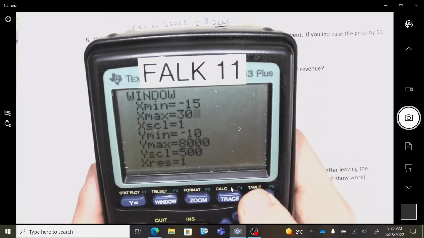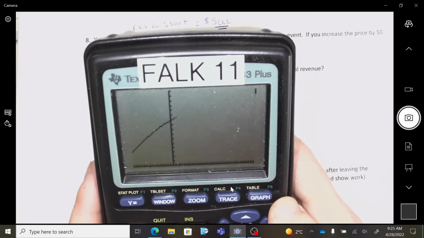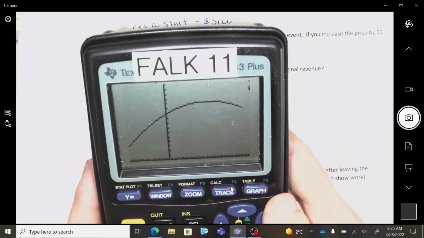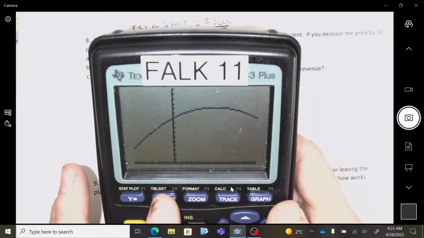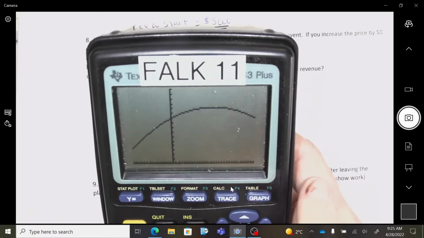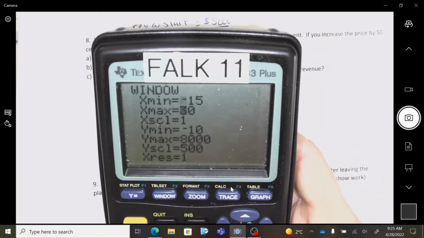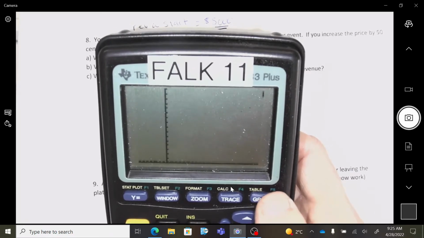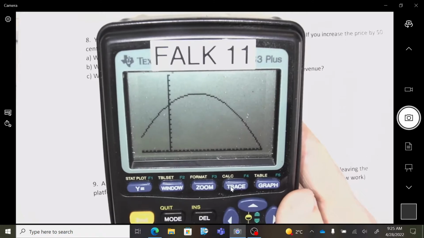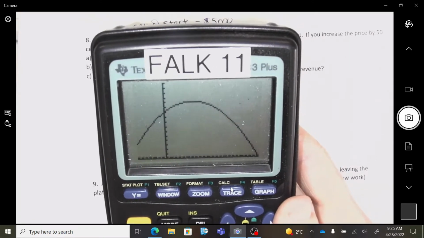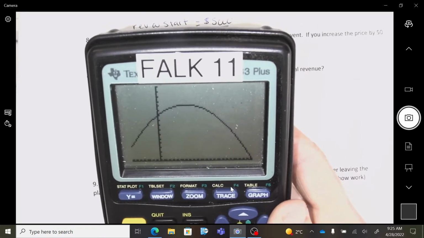I don't know how it's going to go. -15 to 30. Pretty good. We can go, instead of 30, I don't know, what do you want to do, 50 maybe? Okay, so I like that. So it's going to take some trial and error, and that's fine.